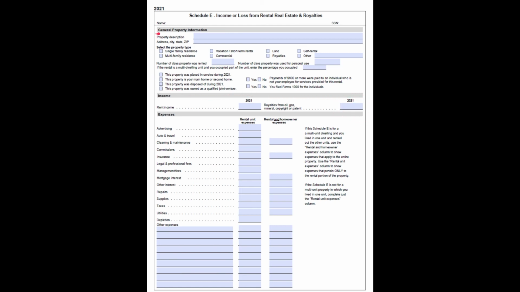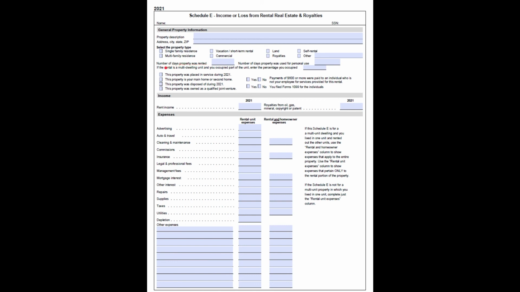But before we go there, we are going to ask that you put in the property description, the address of the property, and let us know what type of property this is: single family, land, a self-rental. You're going to put that in there. And again, there's an other option if none of these other categories seem to fit, okay?